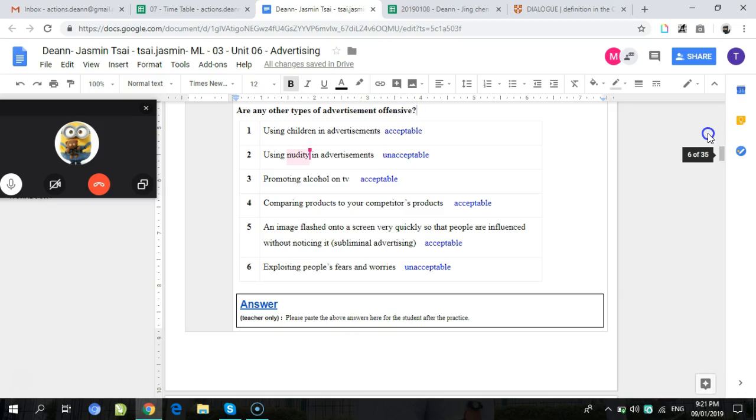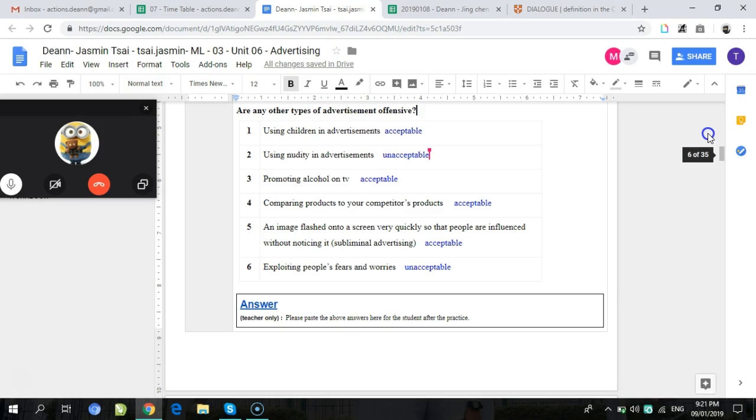Okay, but anyway, good job, because children, of course, are acceptable in advertisements, since there are advertisements that involve products that are for children, like toys, like what you have said.